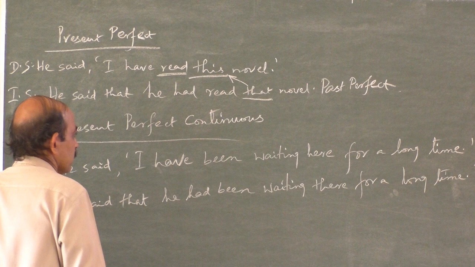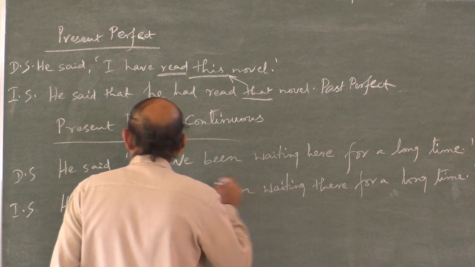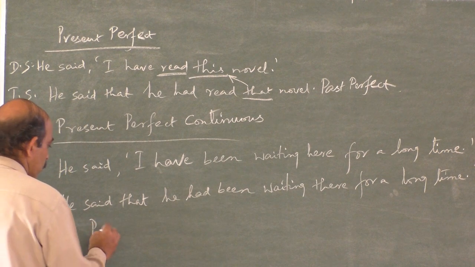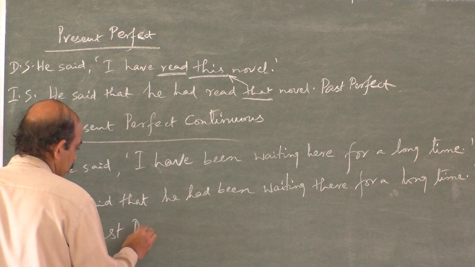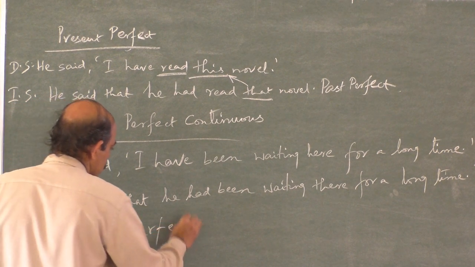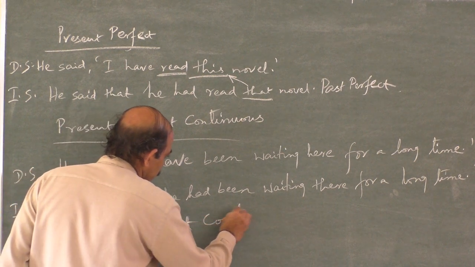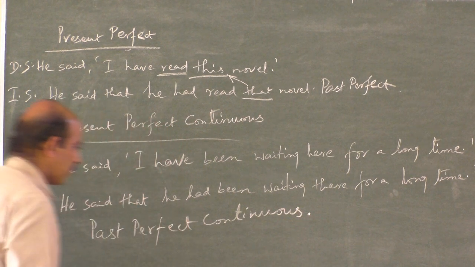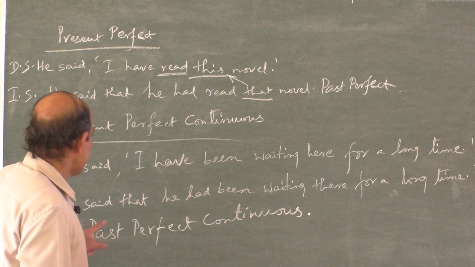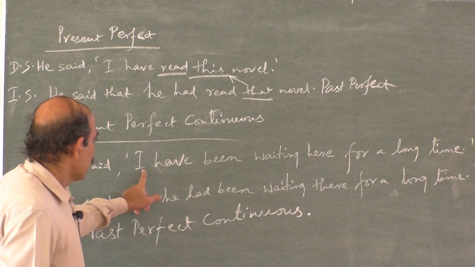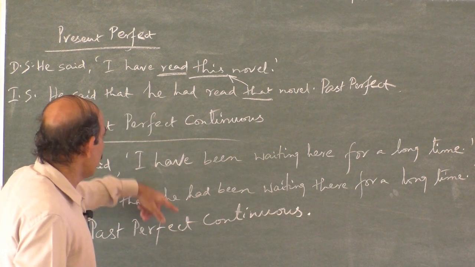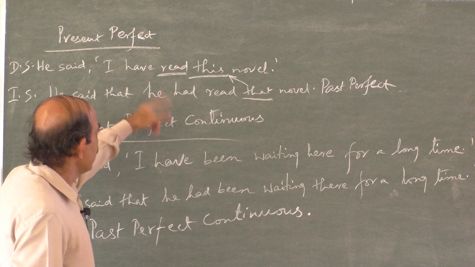Once again, the tense, present perfect continuous, has been changed to past perfect continuous. He said that he had, just as present perfect and past perfect are available in the same manner.